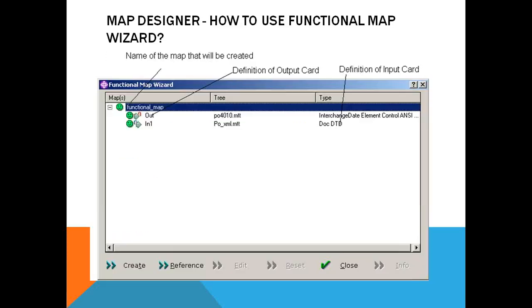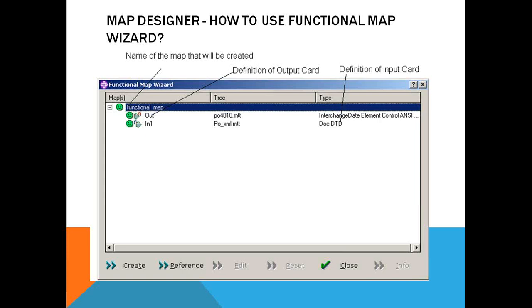This is the functional map, this is the output card, this is the input card, this is the type key for output, this is the input type key, and this is the type. If everything is okay, it will show in green color. If there are any errors, it will show in red color.